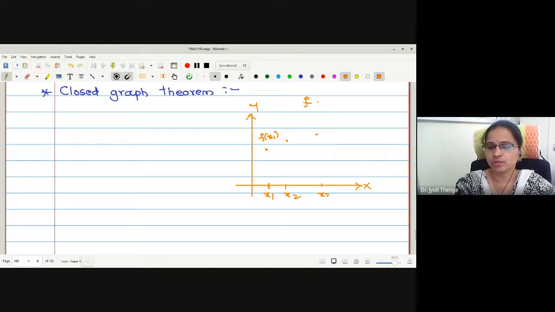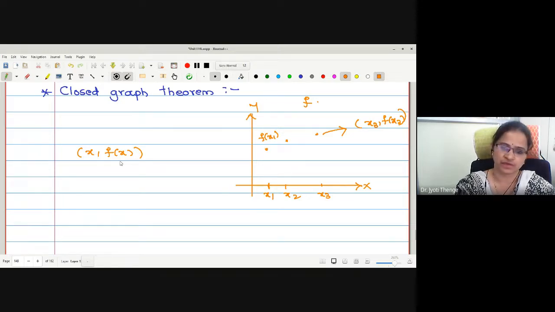Correct? Therefore, may I say these points whichever we were plotting form the graph of your function, and this is nothing but a collection of points with coordinates of the type x, f(x). So what is the coordinate of this point? This is x3, f(x3). Every point has coordinates of this type x, f(x).